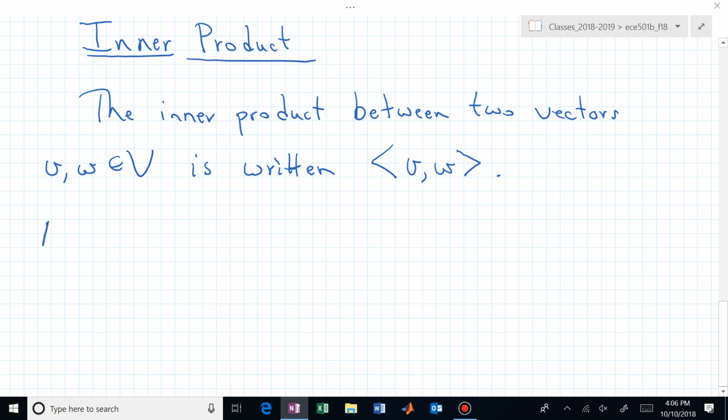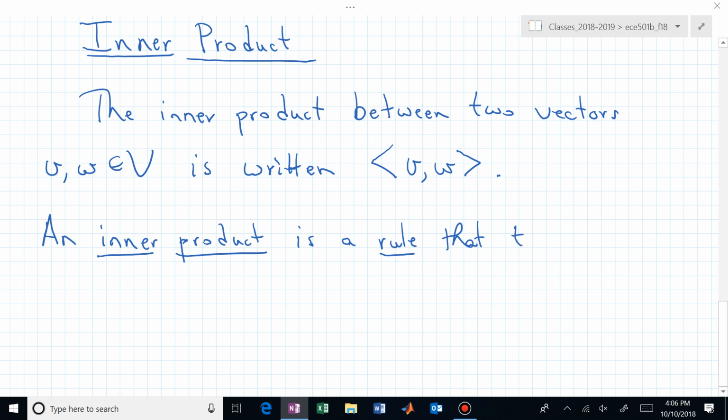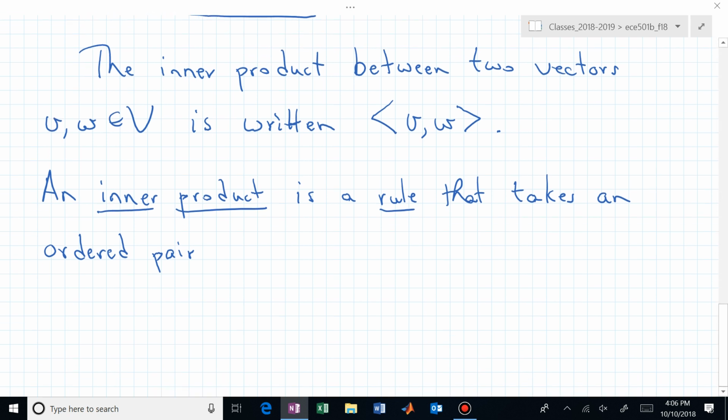And an inner product is a rule that takes an ordered pair of vectors. Again, it's important how you write that. V first, then W is different from W first, then V in this definition.